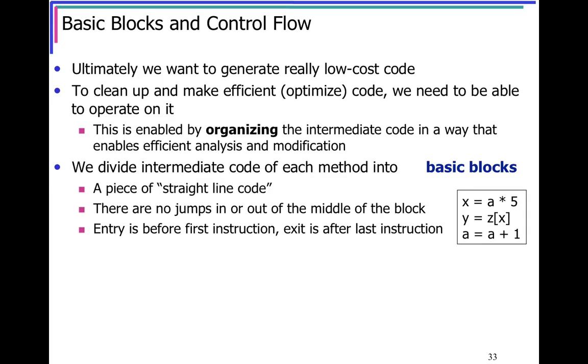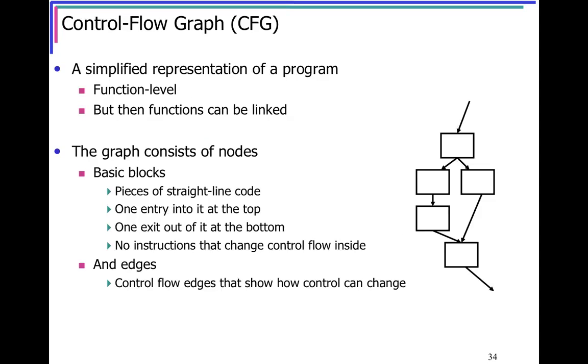Now, going out, you could jump to different locations. You could have a branch, you could have a jump target and a fall through target, but control only exits from the bottom of the block. And this is nice because this means that if any of these instructions execute, all of them will execute. So we can do some optimization across them to do interesting things. The other thing it gives us is the ability to make a graph out of our functions.